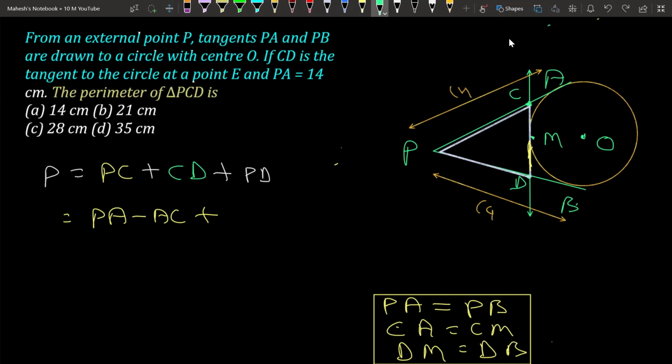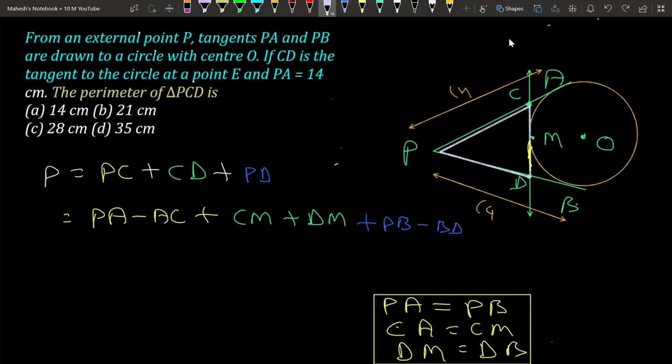They are not equal. This is CM plus DM. And we are left with one more side, that is PD. PD can be written as PB minus BD, as I said, we are splitting in terms of the tangents. That's PB minus BD, which should give you the length PD.